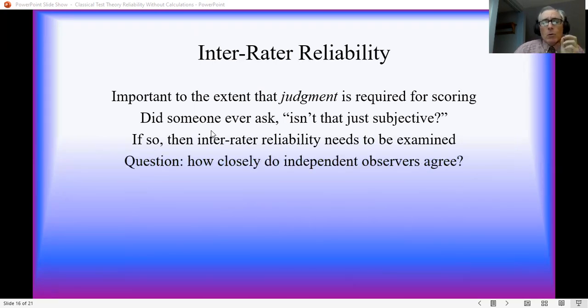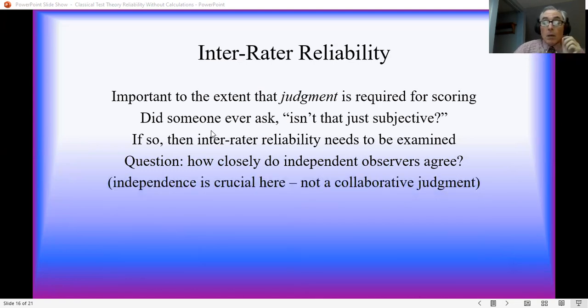The real question we're asking is not whether it's just subjective, though. It's how objective versus subjective are these measurements? And what that question really boils down to is, how closely do independent observers agree as to what they're seeing in their judgments, in short?